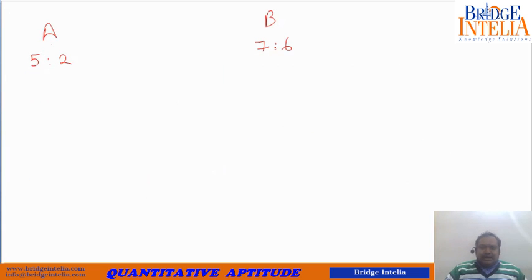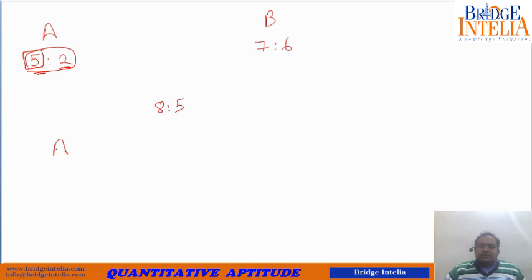And in the resultant it is 8:5. So now let's use the fractional method. So look at the proportion of any one component. So look at the proportion of the first component. So out of 7 parts, 5 parts represent the first component.